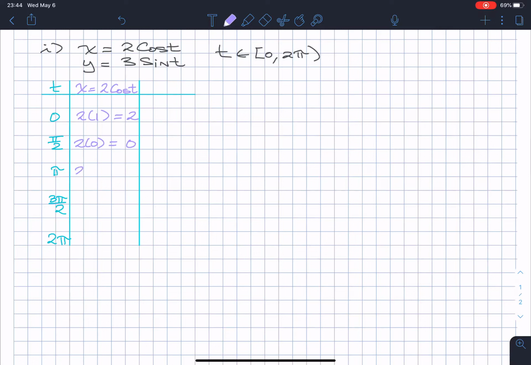Cosine of pi is negative 1, so 2 times negative 1 is negative 2. Cosine of 3 pi over 2 is going to be 0, so 2 times 0 is 0. And last but not least, going full circle, at 2 pi cosine is 1, so we'd be back to where we started.